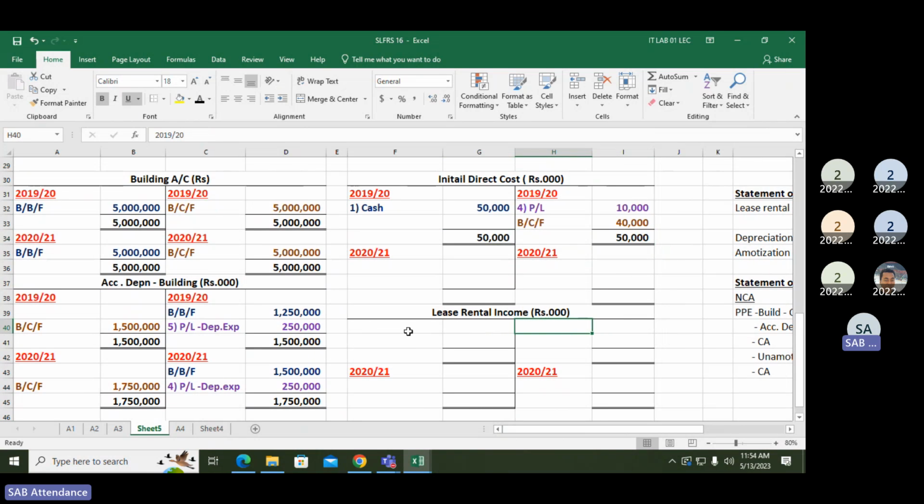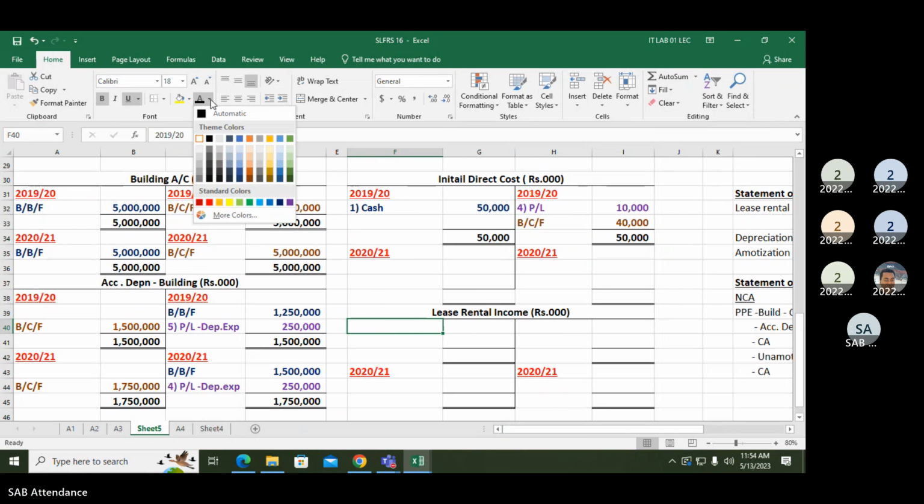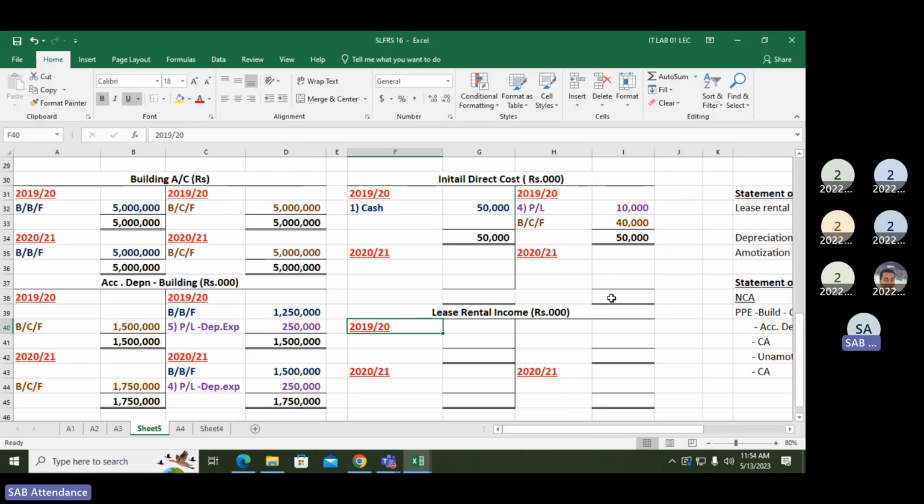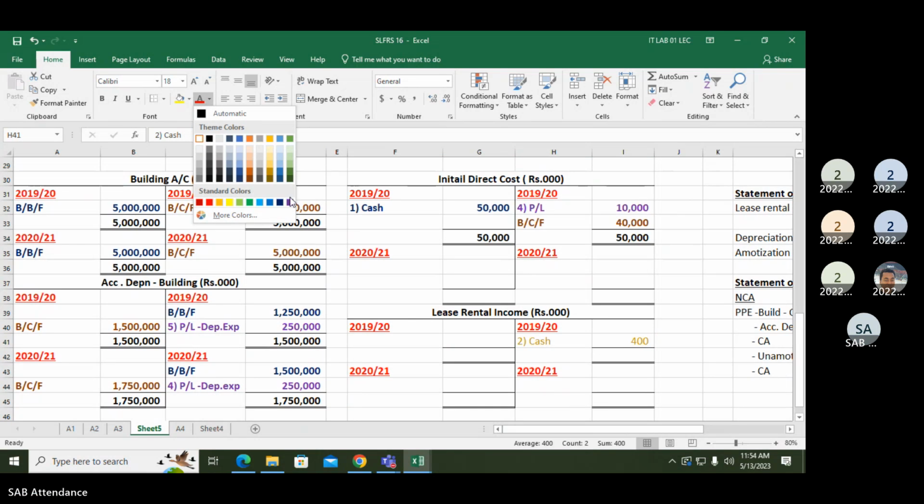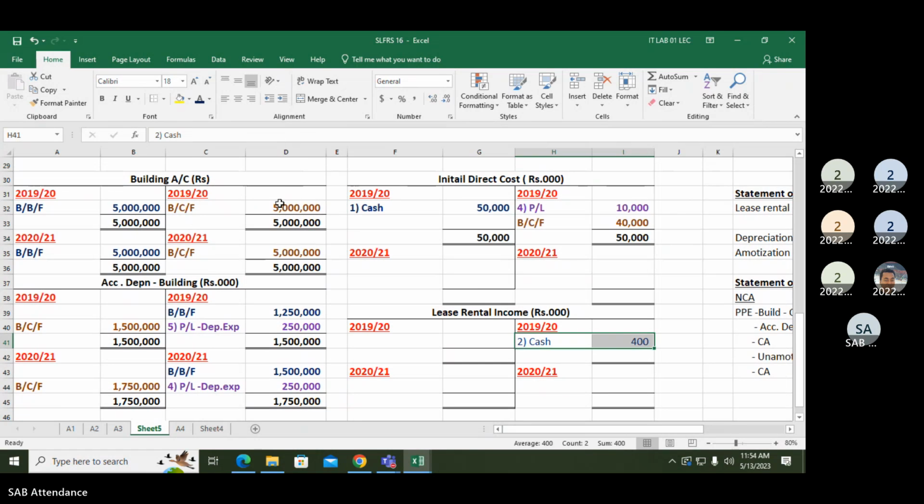The annual lease rental, you can recognize the lease rental income. Debit cash $400,000, right?